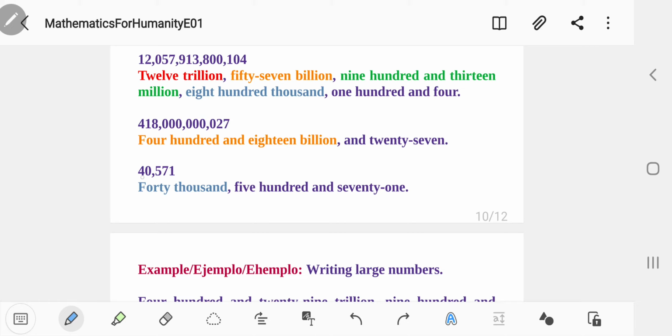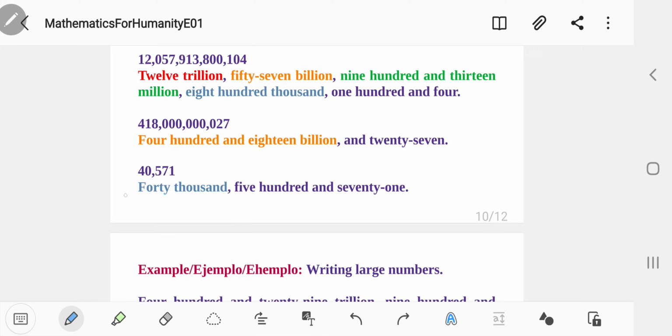Then you have here, as an example, a 5-digit number, and the first group contains 3 and the second group contains just 2. You have, for the thousands place, 40, and then for the units place, you have 571.